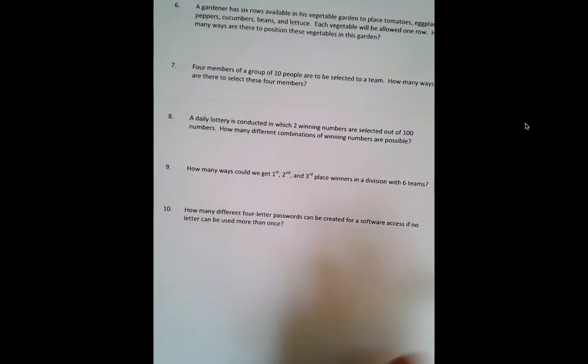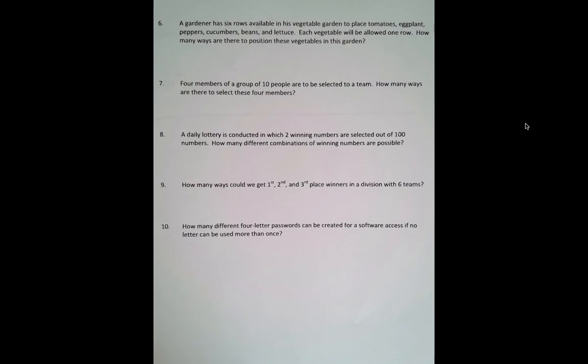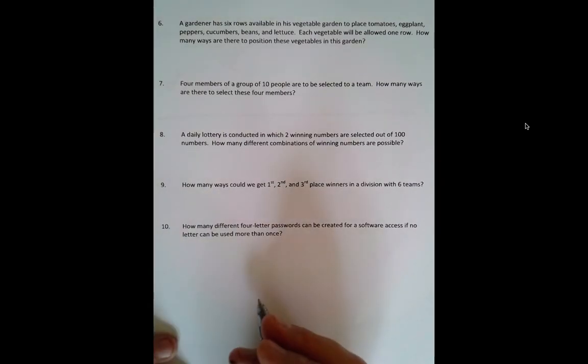Alrighty, moving right along. This shouldn't take long, actually. A gardener has 6 rows available in his vegetable garden to place tomatoes, eggplant, peppers, cucumbers, beans, and lettuce. Each vegetable will be allowed 1 row. How many ways are there to position these vegetables in the garden?